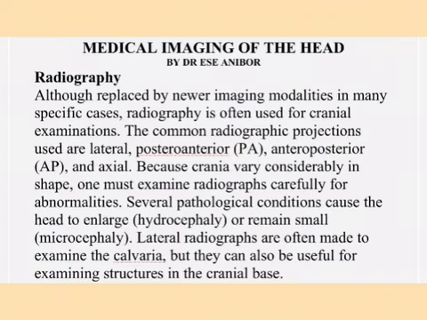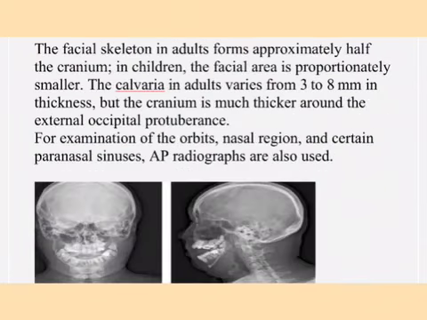Lateral radiographs are often made to examine the calvaria, but they can also be used to examine structures in the cranial base. The facial skeleton in adults forms about half the cranium, but in children the facial area is smaller. The calvaria in adults varies from 3 to 8 millimeters in thickness, but the cranium is much thicker around the external occipital protuberance.